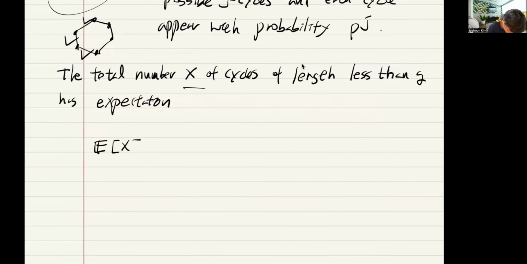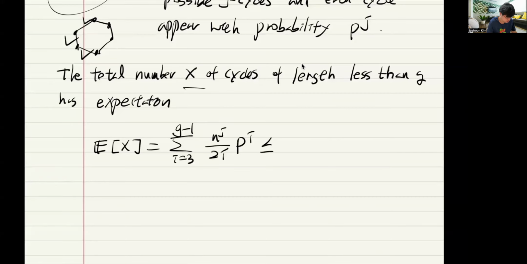So the expectation of X is a sum from i equals 3 to g minus 1 over all those choices, multiplied by the probability, and this is at most the following.